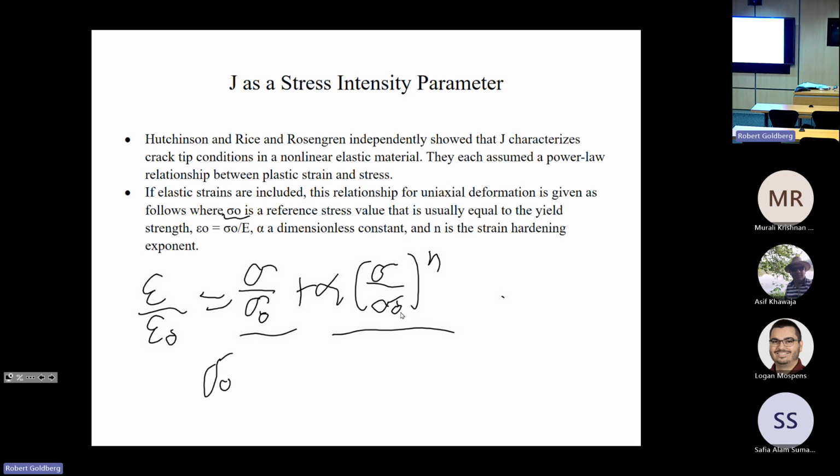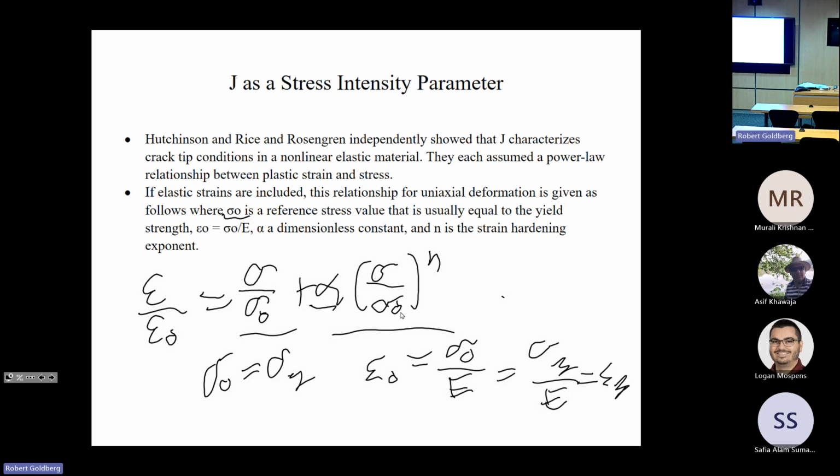Normally, sigma 0 is set equal to your unidirectional yield stress, and epsilon 0 is equal to sigma 0 divided by E, so your yield stress divided by the modulus, which means that it's the strain at which yield occurs, and alpha and n are just constants.